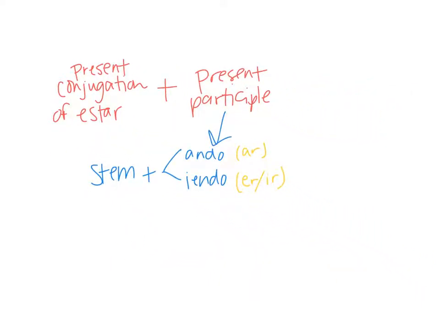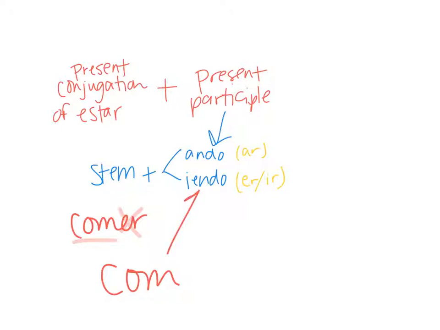If I was to form the present participle of the verb comer, I have the infinitive, right? Comer. So I take the stem. What's the stem? It's this, and I get rid of this. So I have the stem. And then I add which one? Well, I add that one because it's an ER verb. So, comiendo. Alright, so that's the present participle of comer, comiendo.